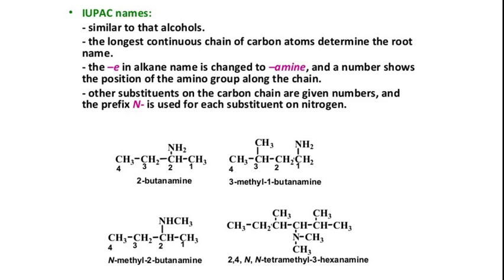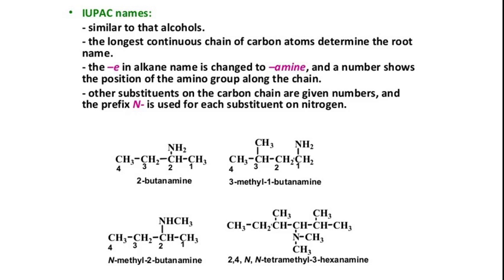If you see this structure, 1, 2, 3, 4, 5, 6, six carbons means hexane. This has an amine, that's why hexanamine. Which carbon has the amine? 1, 2, 3, the third carbon. That's why 3-hexanamine.